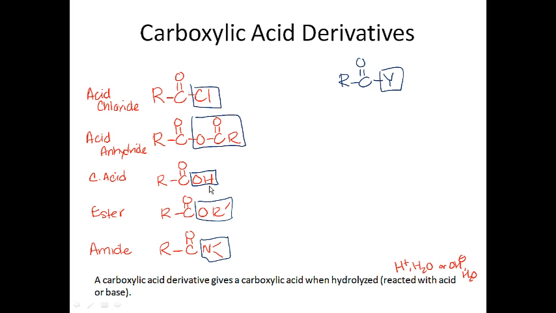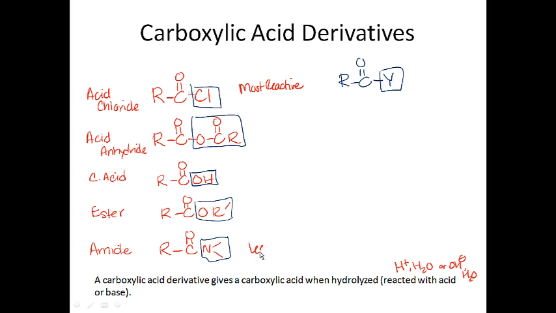Over the last couple of lectures I've talked about carboxylic acid derivatives with the Y group, and in this case I've shown you the Y group. Now I've put the carboxylic acid group in here just in terms of its relative position. Looking at these again, the most reactive is an acid chloride.